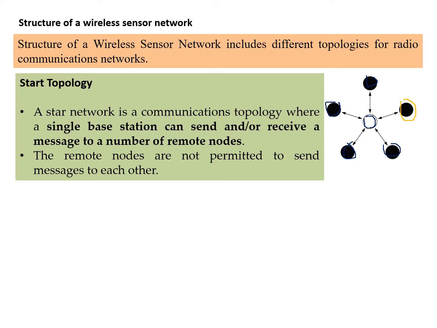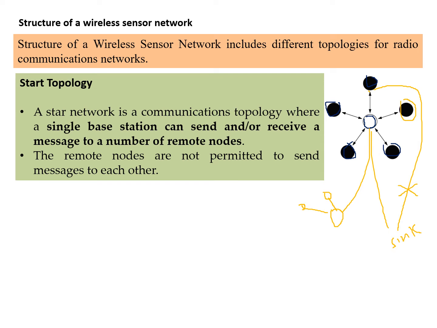and the base station in return is connected with some other base station, or it might be connected with the sink. So if these nodes have some data to send to the sink, they are not allowed to send directly to the sink.